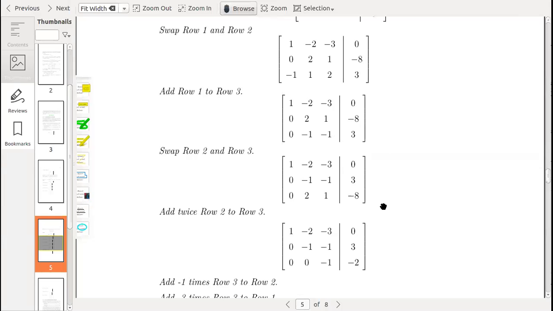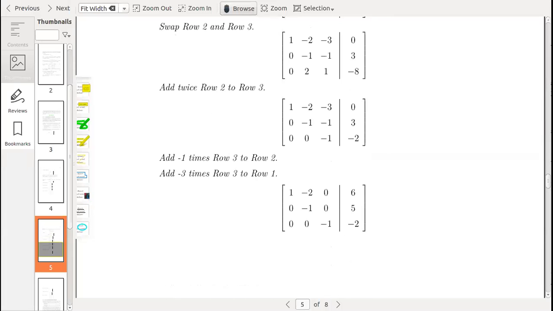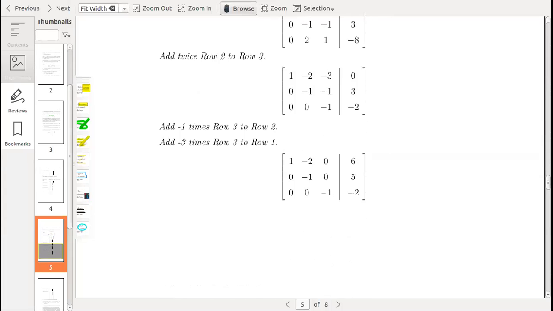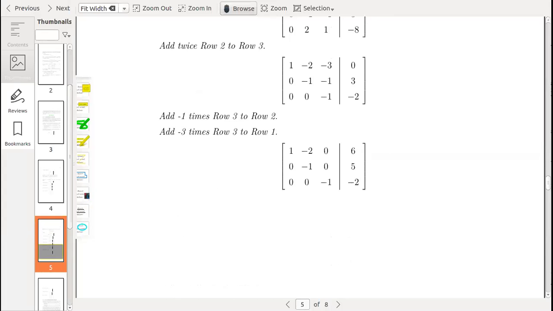So it depends on you whether you swap these rows or not. Applying this operation, we get this matrix, which is an upper triangular matrix. But these operations are additional. You can perform these operations or you can skip them.